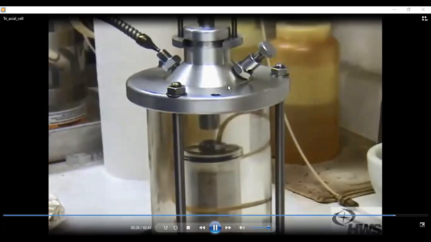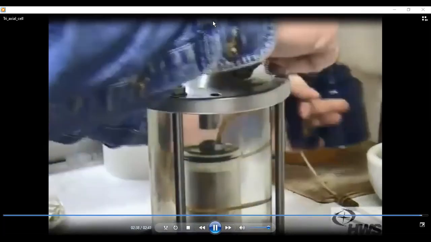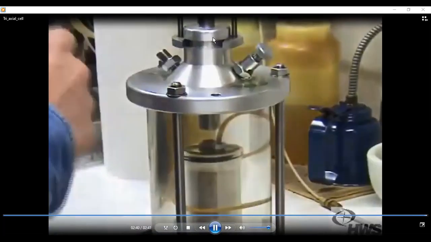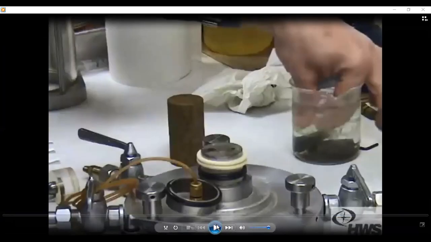He's injecting it so that there will not be anything coming out of this. From the top also you need to exert the pressure. So that's how it is. Okay.